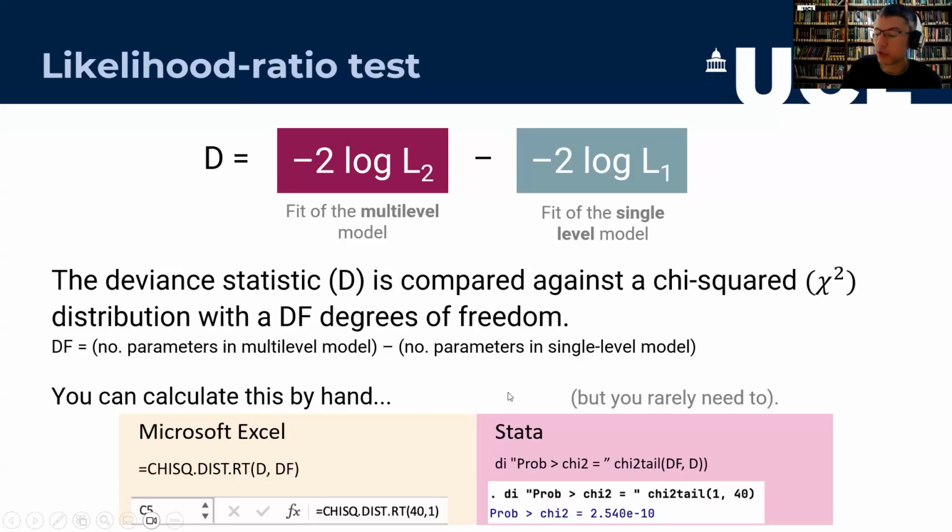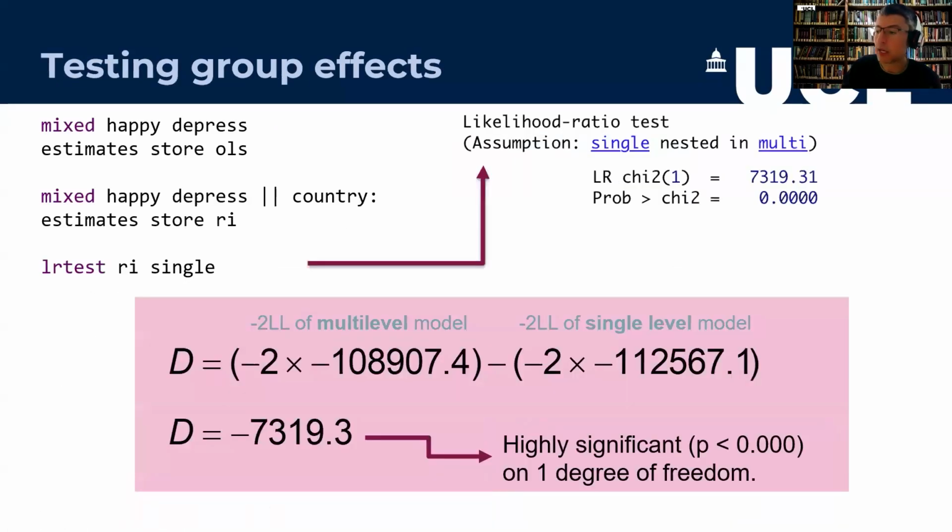We can do it by hand, but obviously this is not always done, and we tend to just rely on the likelihood ratio test calculated by the statistical packages that we use.